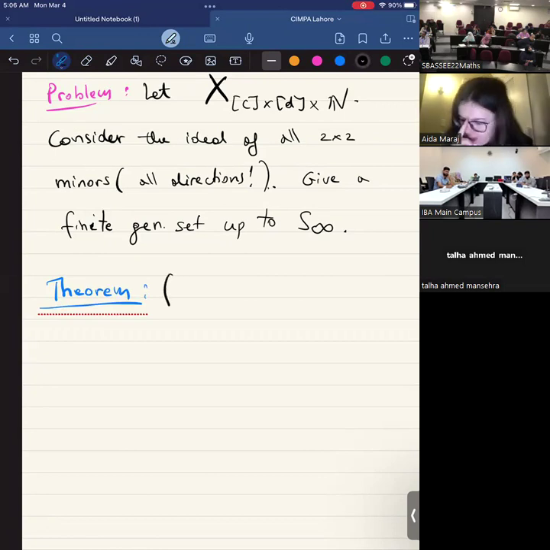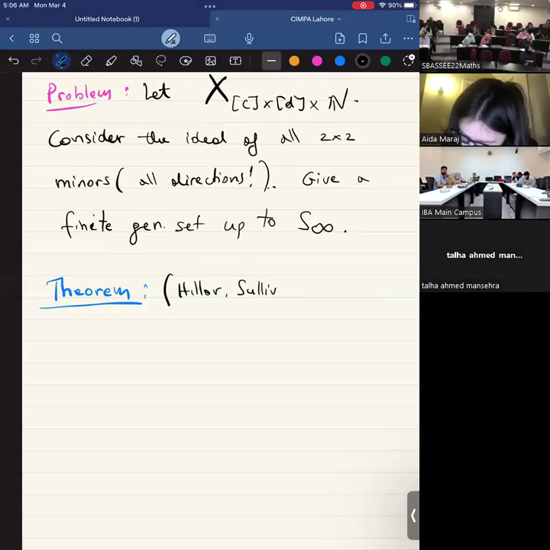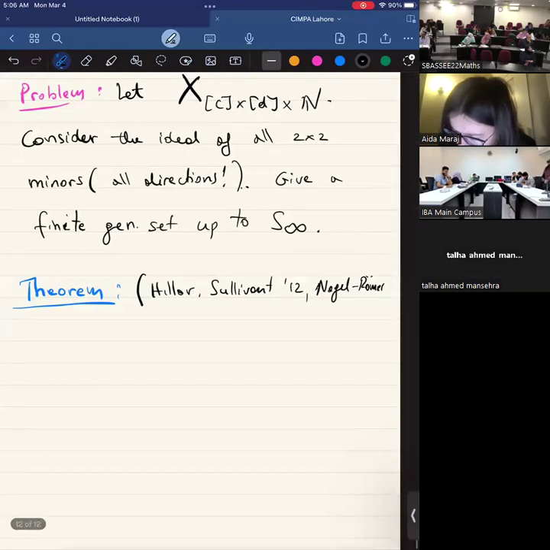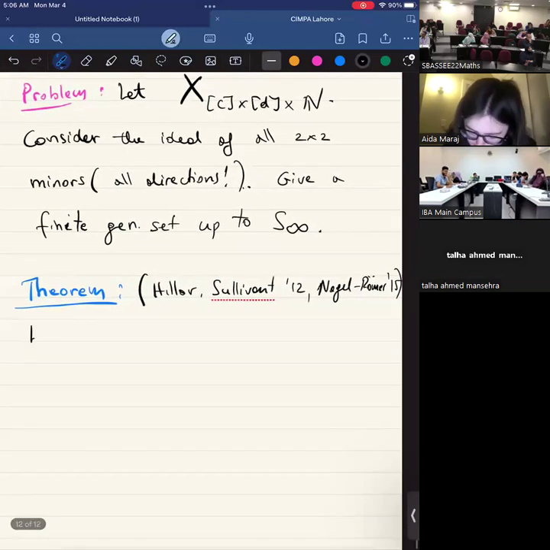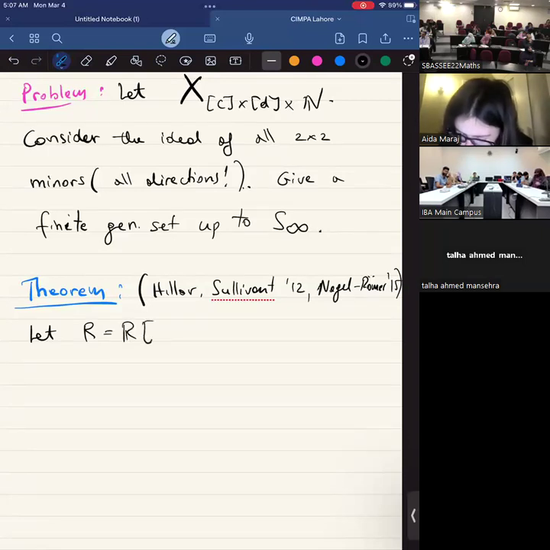There is a version of this found by Hillar and Sullivant in 2012 and by Nagel and Römer in 2015, which says that, let R be this polynomial ring R[X_{C times N}].